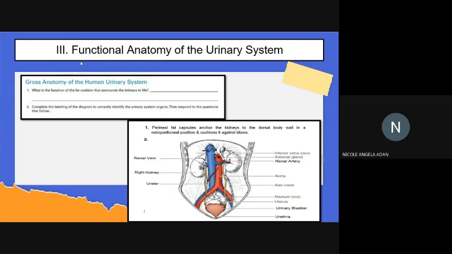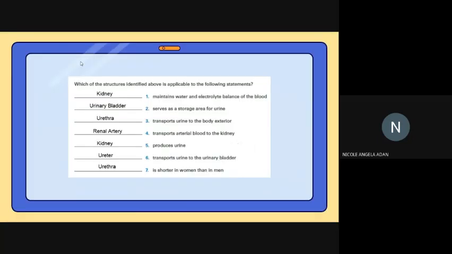Urethra is the exterior organ through which urine passes out of our body. We have the renal vein, the right kidney, and the ureter.